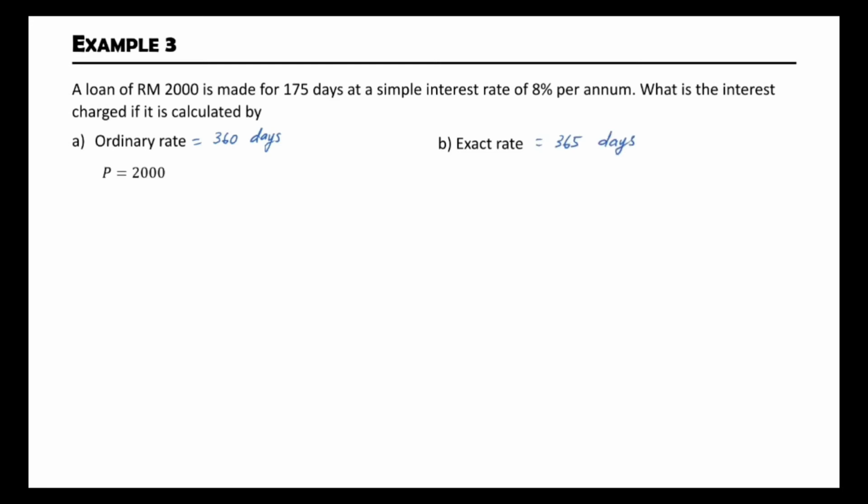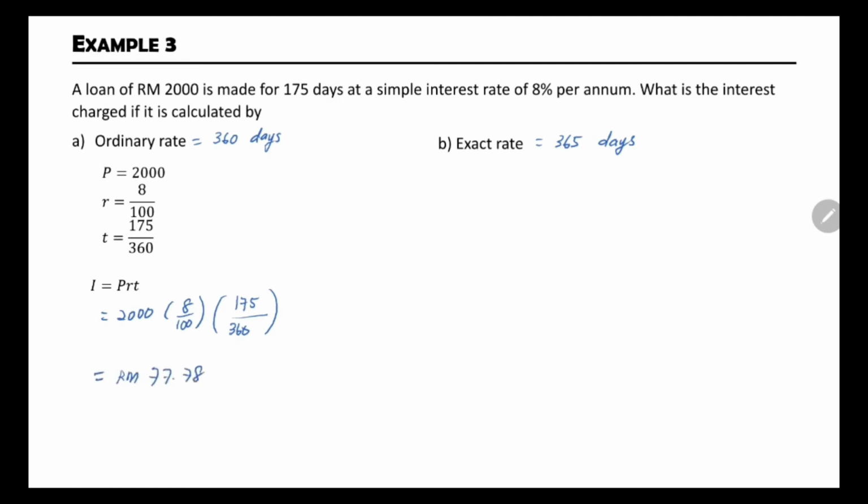So for ordinary rate, for this question, we have P equal to 2,000, R is 8 over 100, and T is 175 days divided by 360. Interest is given by I equal to PRT. Substituting, we have an interest of RM77.78.